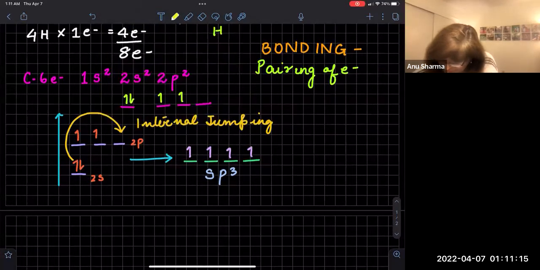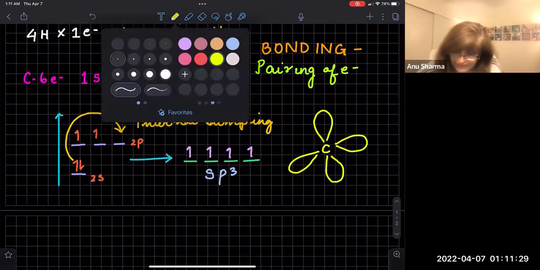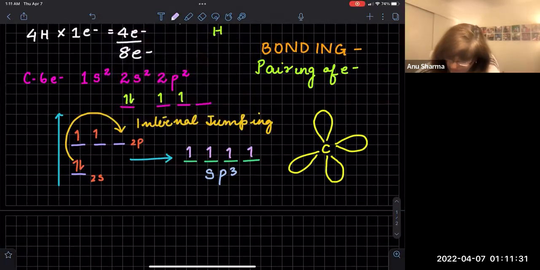They look like this. So here is the carbon in the middle, and all of them are around the carbon in a tetrahedral fashion. And where is the electron? One electron here, one here, one here, and the other here.